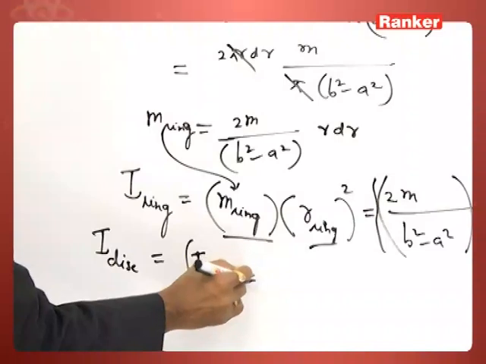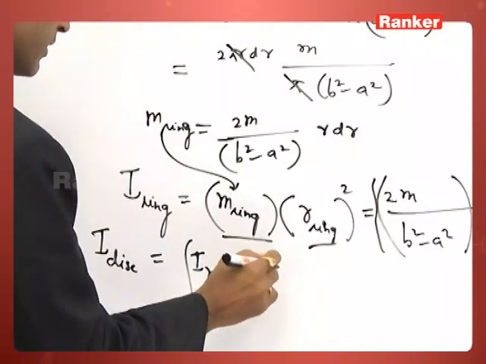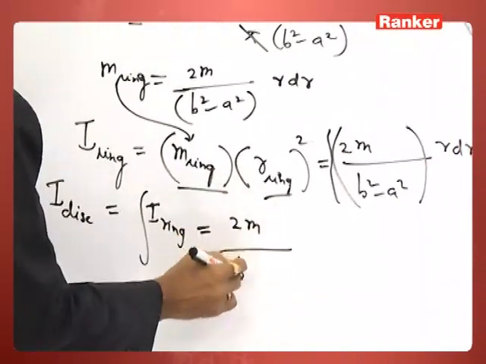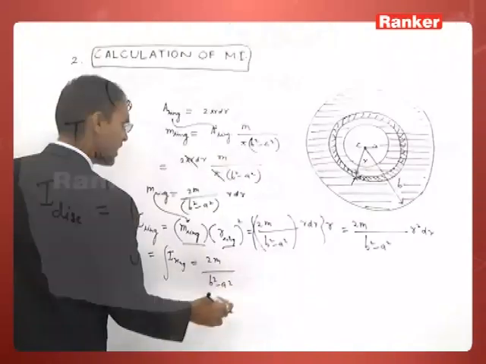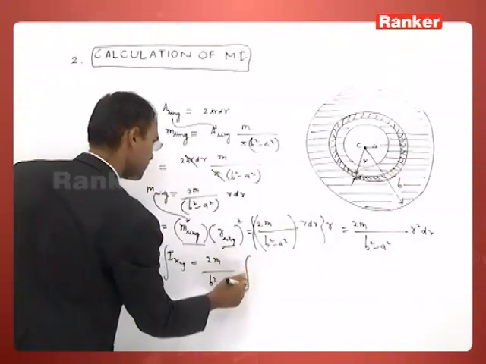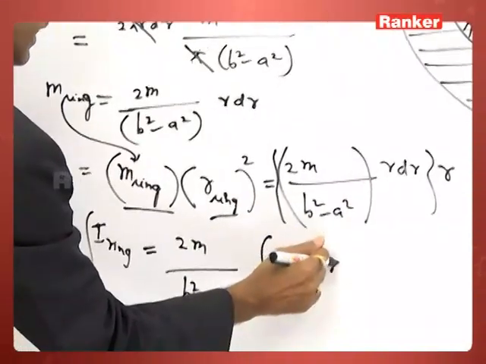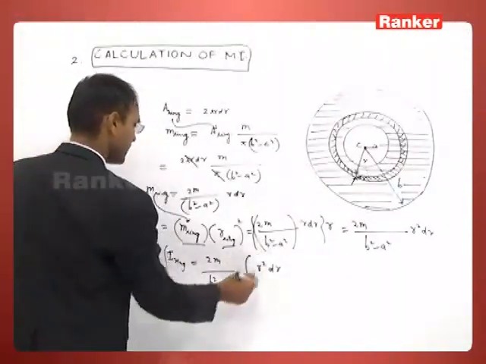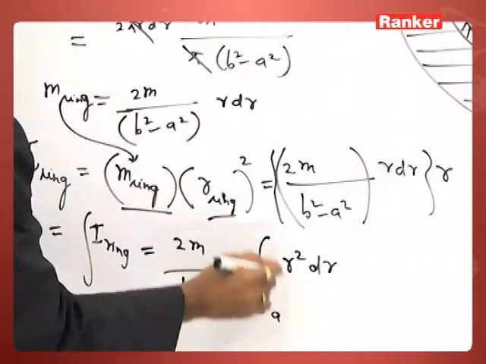Integration of the moment of inertia of the ring, that is 2m by b square minus a square into r square dr. That is a constant factor. Pull it out of the integral to get r square dr. R ranges from a to b.